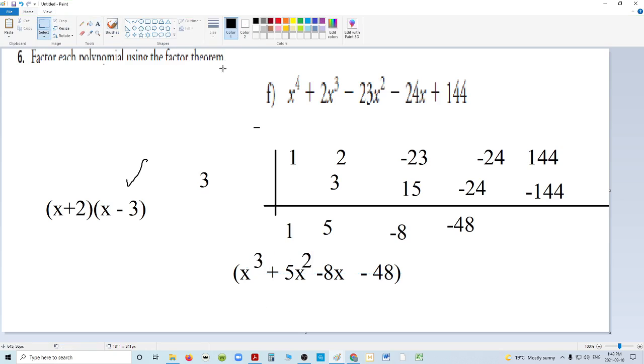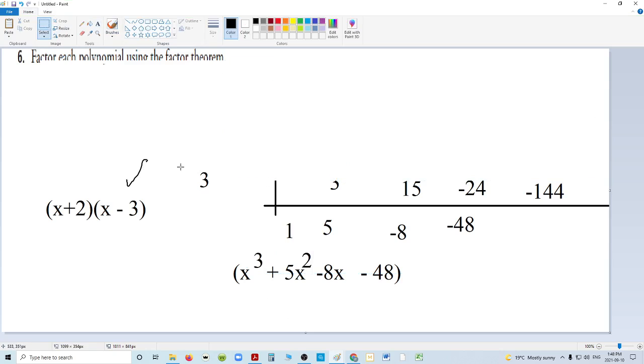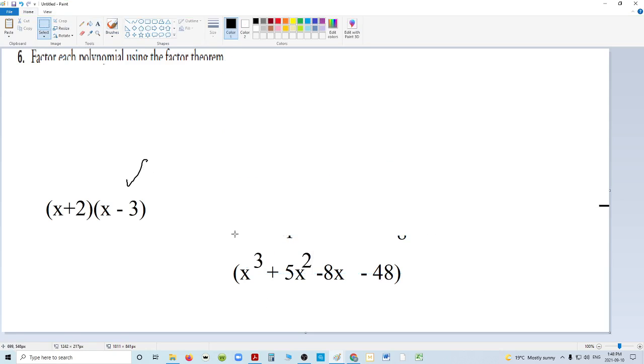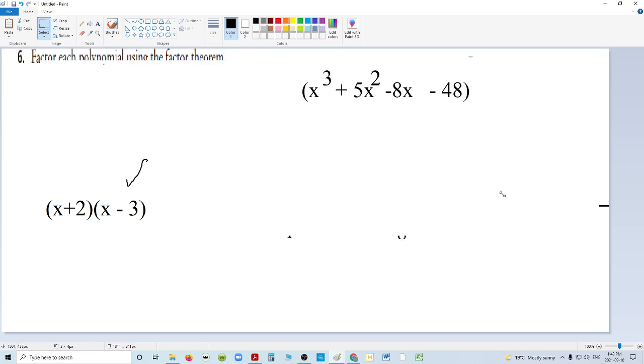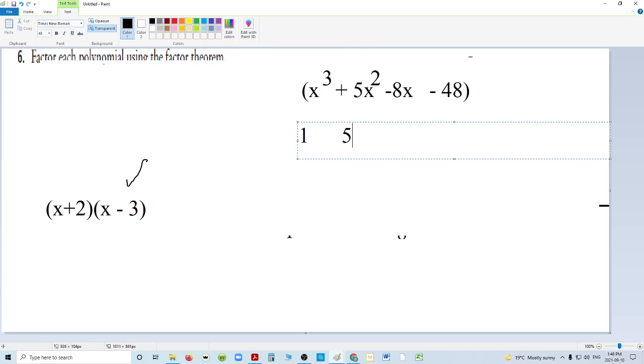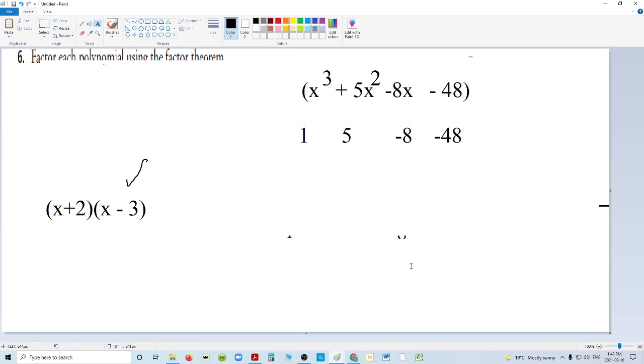Okay, these questions take forever. And I can't remember if I figured out if 2 was a root or minus 2 was, but I'm going to just check 2 very quickly. Synthetic division is so fast that you could even just get away with trying synthetic division over and over again to see if you get a remainder of 0. So I think I forgot if it was minus 2 or not.